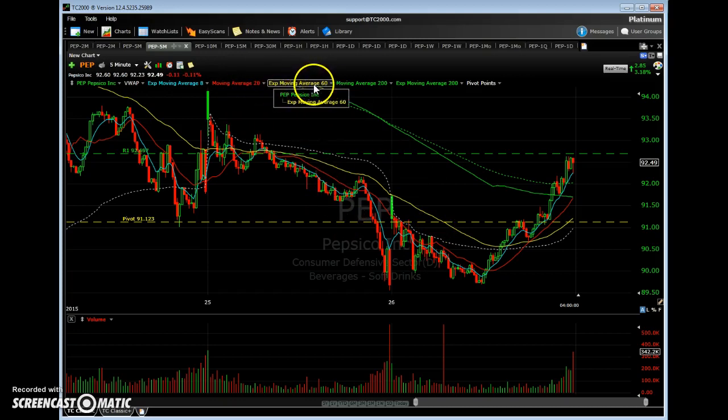The 60 EMA is equal to the 20 SMA or 20 EMA on the 15-minute chart. I forget exactly which one, but it's pretty close to both of those. And then the 200 SMA, 200 EMA, and the pivot points on the 5-minute chart.